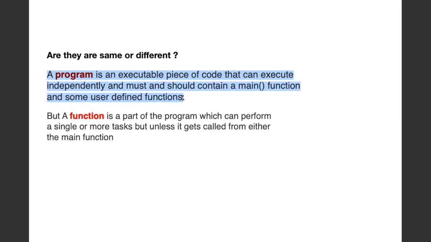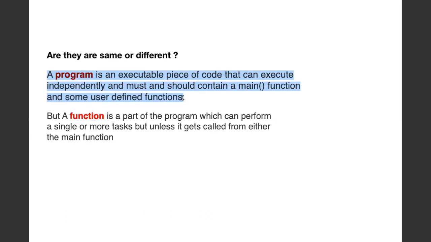What you need to remember is that a program does some predefined task, and it is an executable code which can execute independently without the aid of anything. This is what a program is.